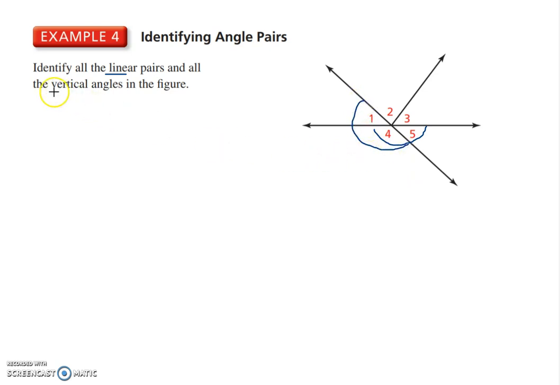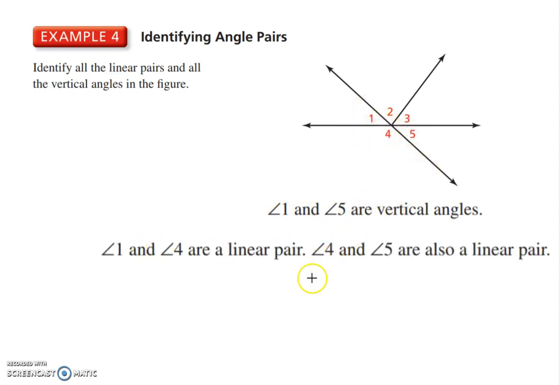And then we want to find vertical angles. Vertical angles are across from each other, sharing the same two lines. So 1 and 5 would be vertical angles because they're across from each other.